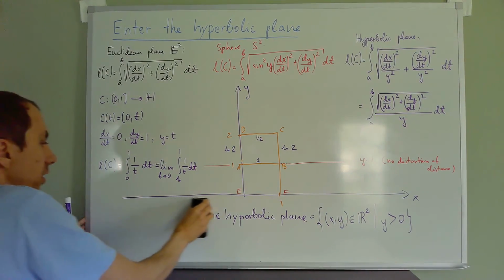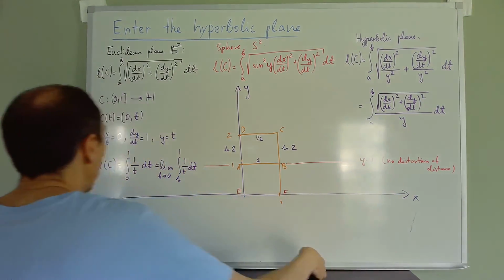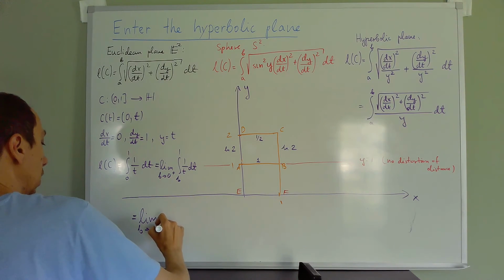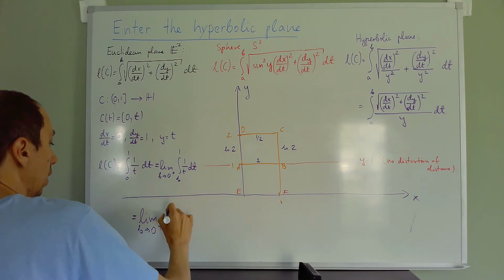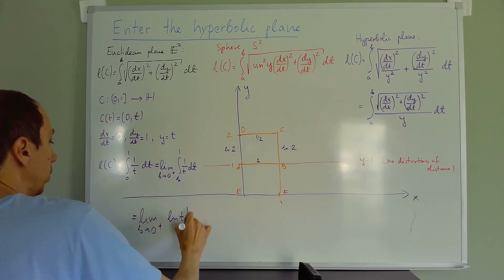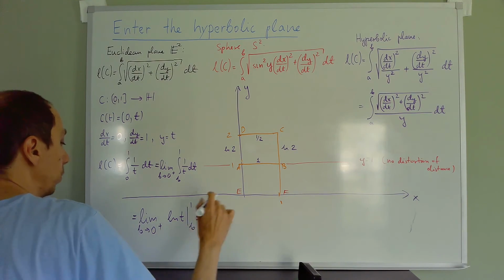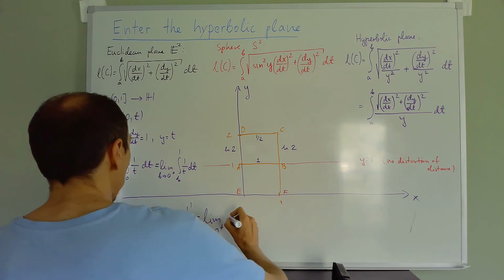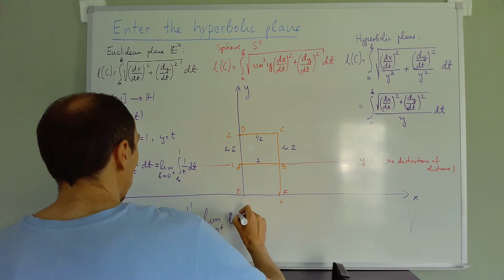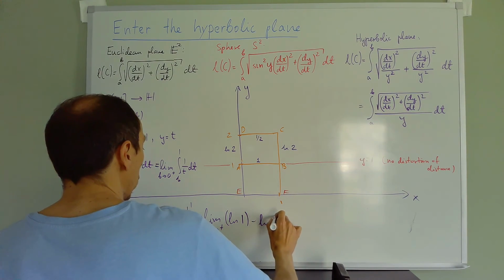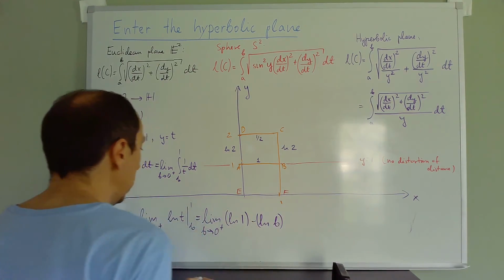So I'm going to continue this integral down here. So what do I get? That's the limit as b goes to 0 from the right. The integral is natural log of t between b and 1. So that's the limit as b goes to 0 from the right of natural log of 1 minus natural log of b.